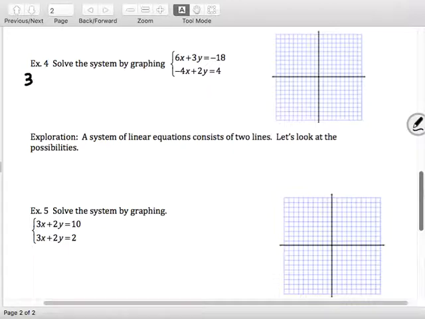So I'm going to take the first equation and put it in y equals mx plus b form.